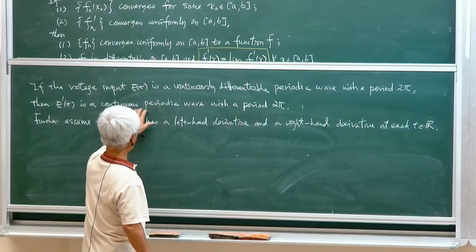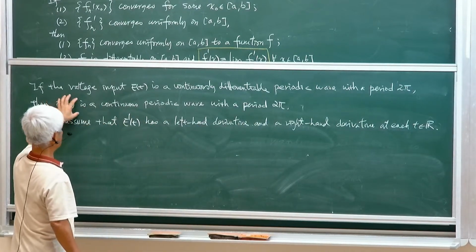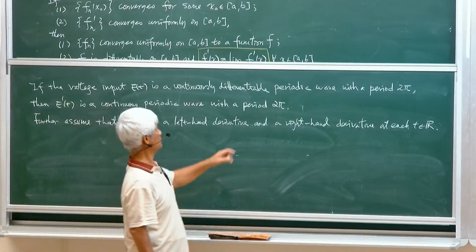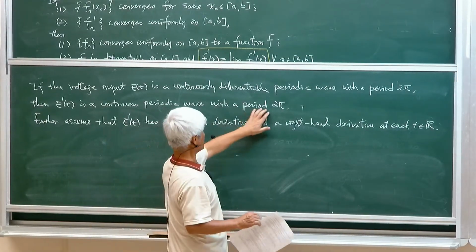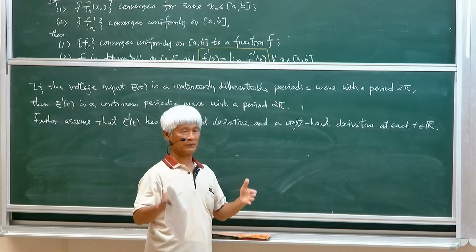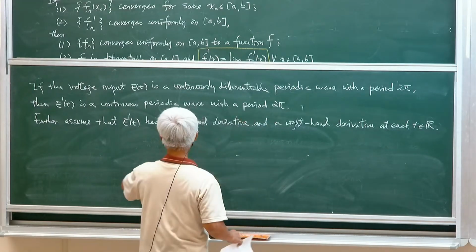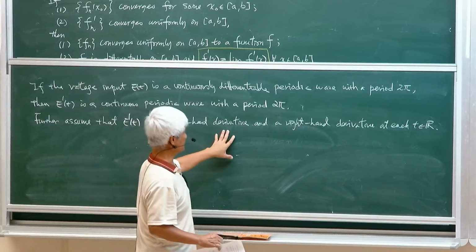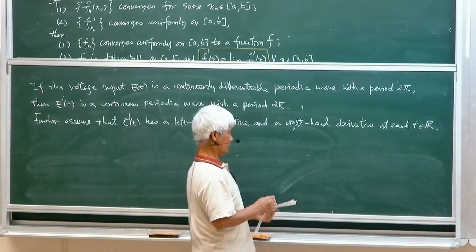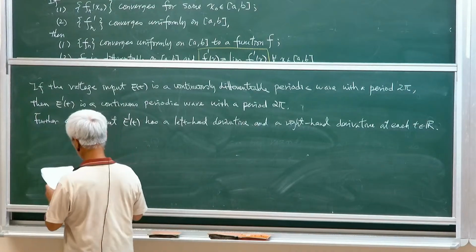This implies that E prime of t is piecewise continuous over one period, because it's already continuous.